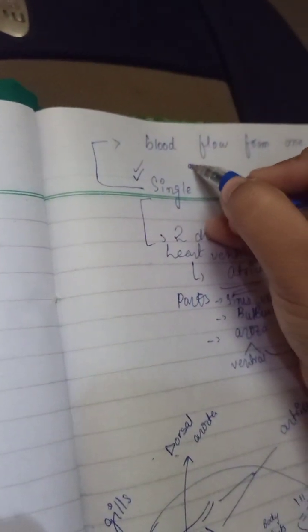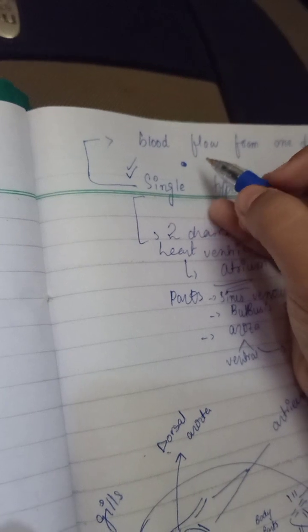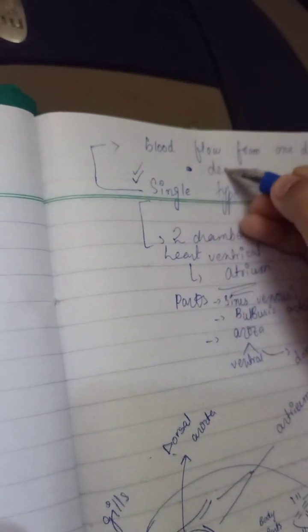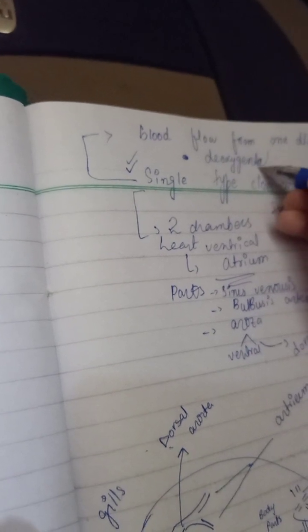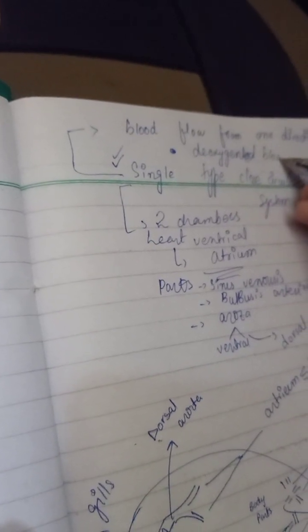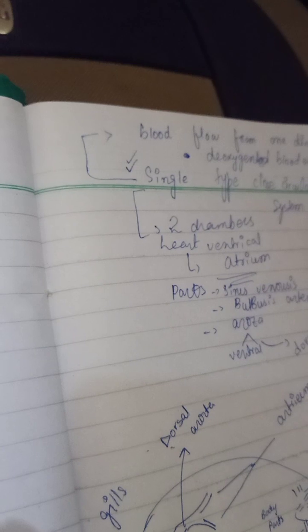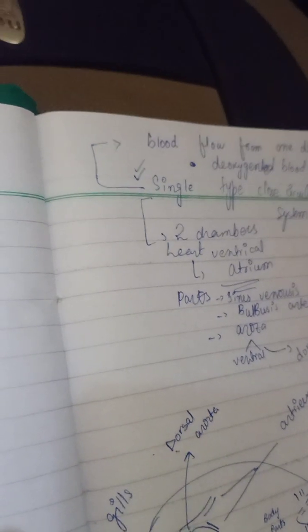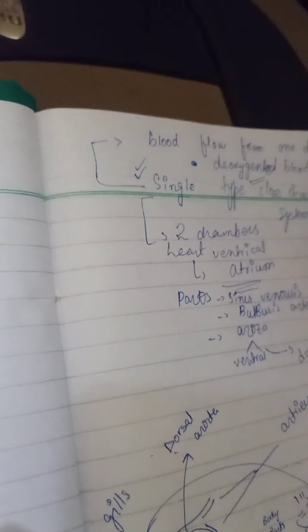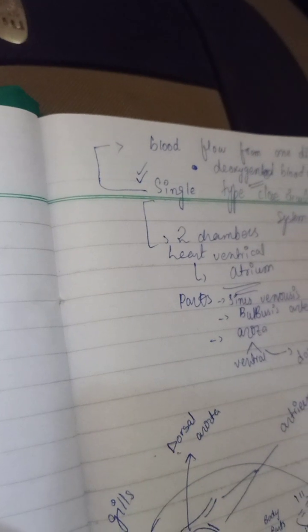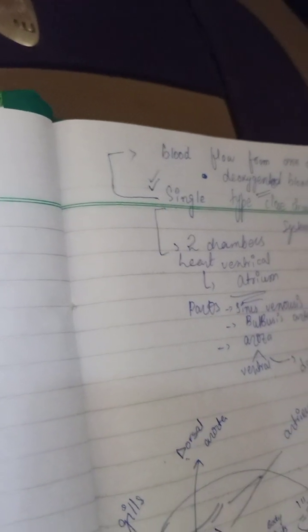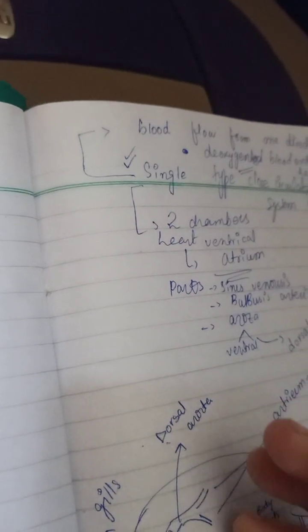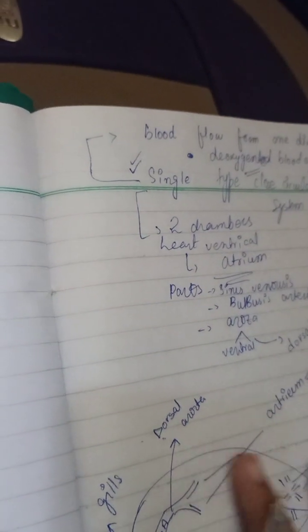In this fish, only deoxygenated blood enters the heart. Not oxygenated blood. Only the deoxygenated blood will enter the heart just one time. That is the unidirection, that in the heart only deoxygenated blood is entering.